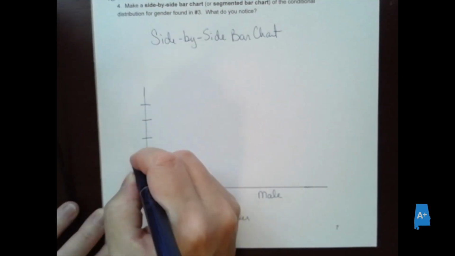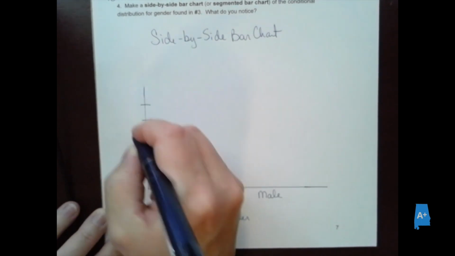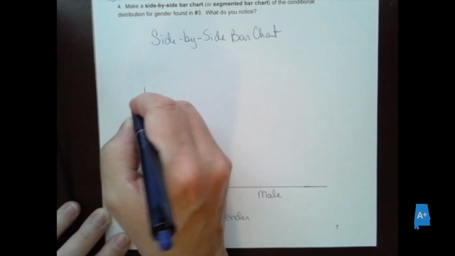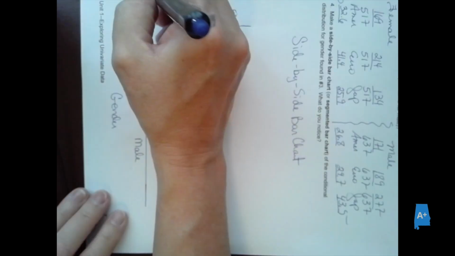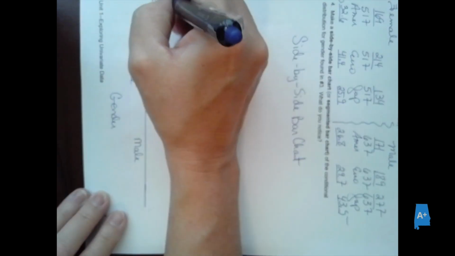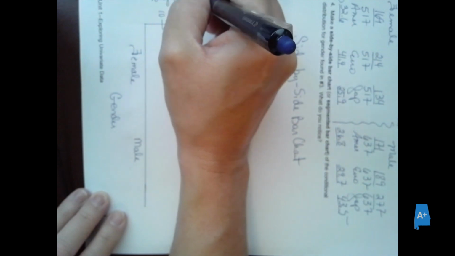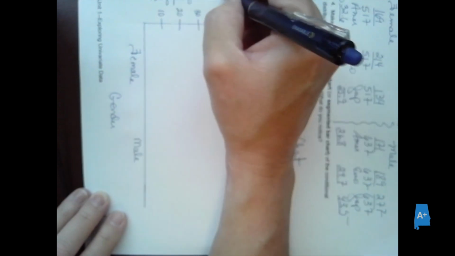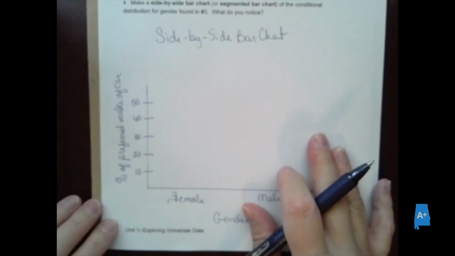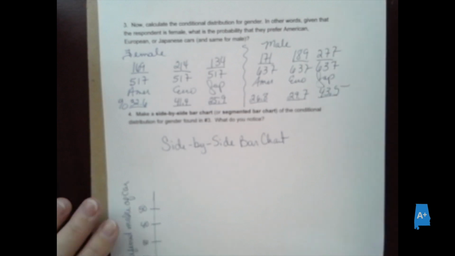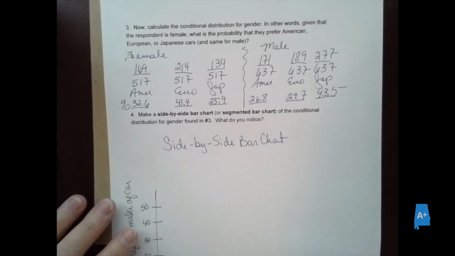And these are going to be the percentages. 40, 50. These are going to be, I can turn it sideways when I have paper, percentages of preferred make of car. All right. So notice that up here we have three different percentages because we have three different makes of car.